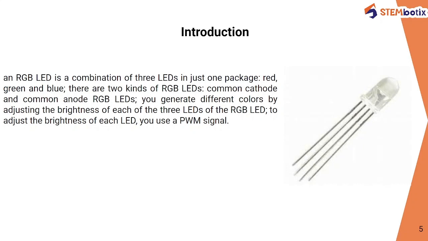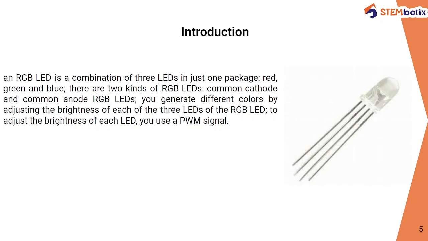The PWM of the Arduino is programmable from 0 to 255. Yes, the value of the PWM pin lies between 0 and 255, or we can adjust the value of PWM between 0 and 255. 0 would be off and 255 would be 100% brightness of an RGB LED.